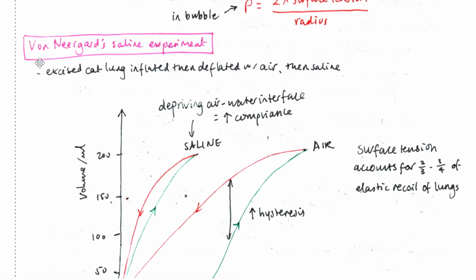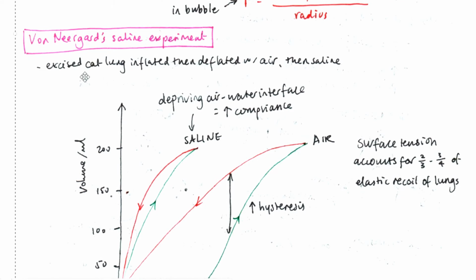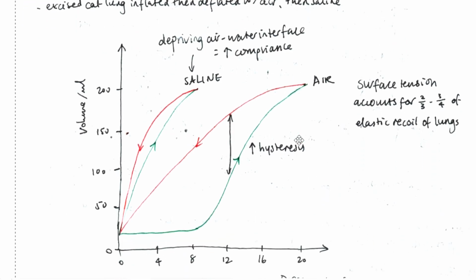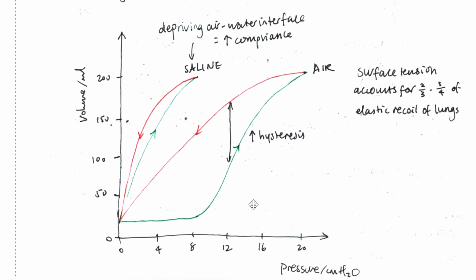Now, von Neergaard's saline experiment. What this guy did was he took the lung of a cat and inflated it, then deflated it with air, and then repeated the same thing with saline. And these were something like the results he got. This is pressure inside the lung, and as he increased the pressure, so breathing in, breathing out, the volume of air decreased and increased as normal.